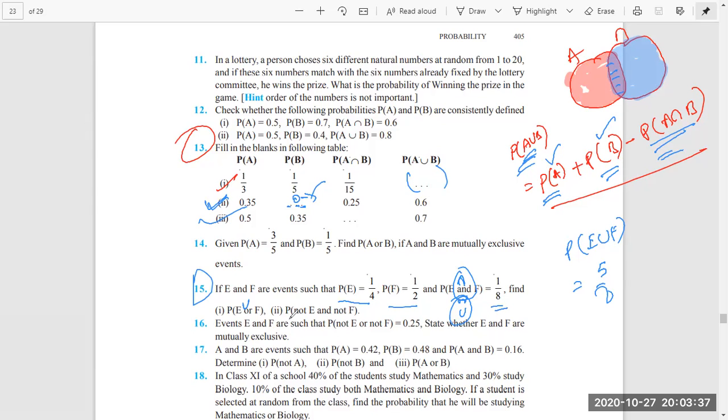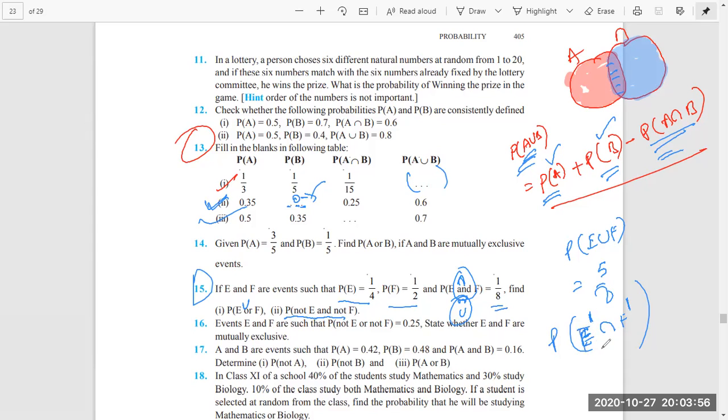Simple. So here, this is a good question. The second one is the probability of not E and not F. Probability of not E and not F means E complement intersection F complement. 'And' means intersection.